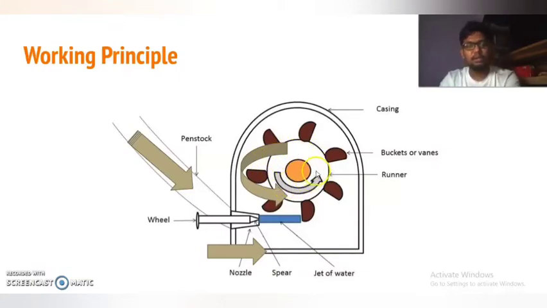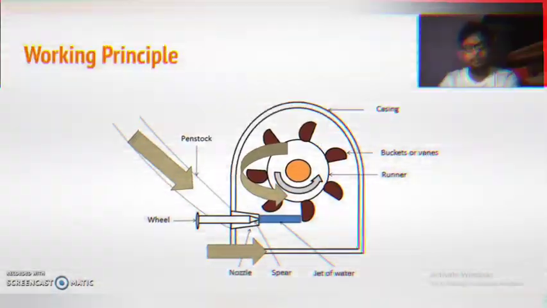From the rotating runner, the kinetic energy is converted to electrical power. Right, that's all. The casing is to protect against the water hitting outside, so the Pelton wheel is safe.